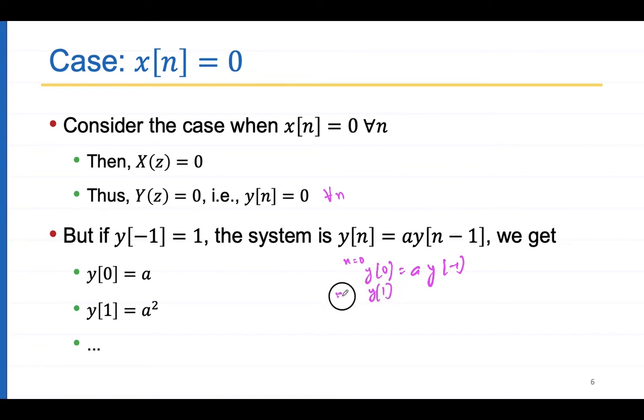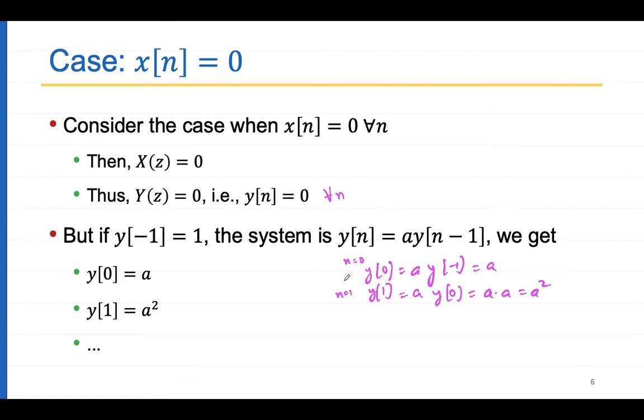At n equal to 1, y[1] is a times y[0], which is a times a, equal to a squared. In this way you can solve for y[2], y[3], and it is a squared, a cube, a power 4, like that. But using our previous z transform based solution, I got y[n] is 0 for all n.